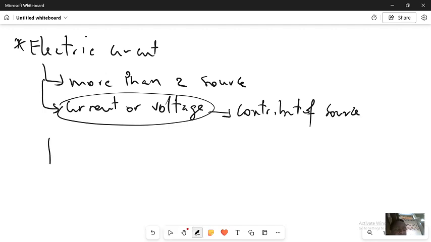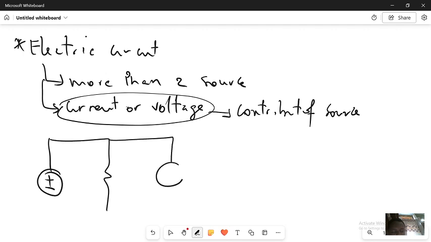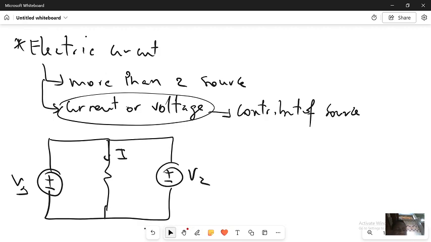Let's say, for example, I have this circuit with V1 and V2, and I have this current I. Since the resistor is a linear element, if I apply only this voltage V1, it will give me I1, and if I apply the voltage V2, it will give me I2.